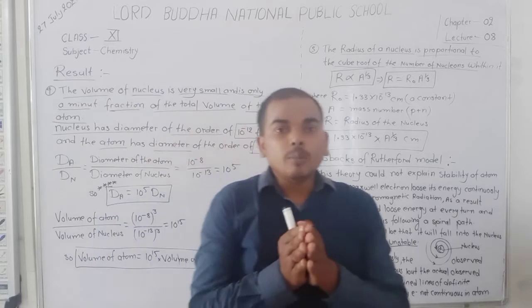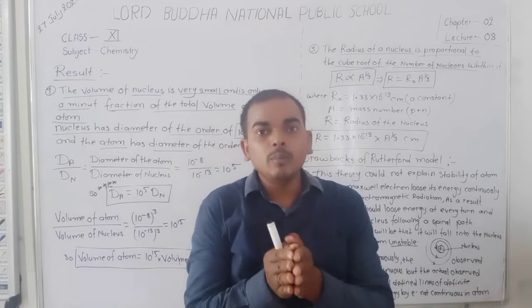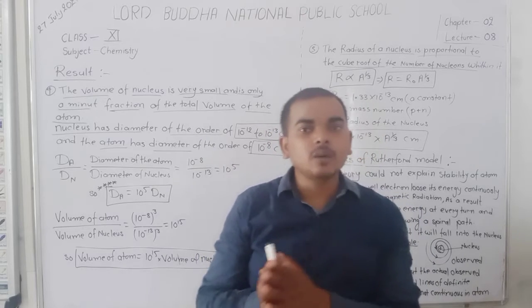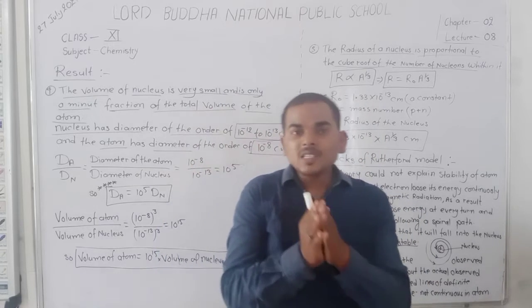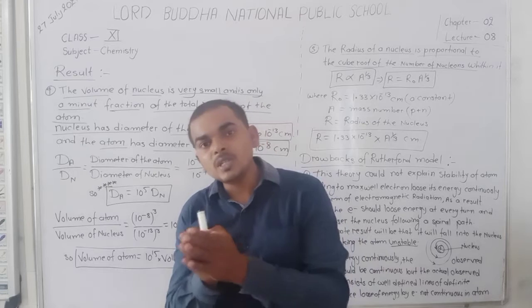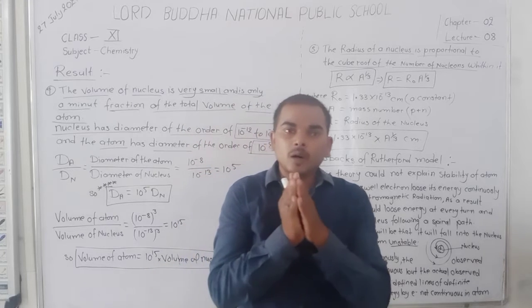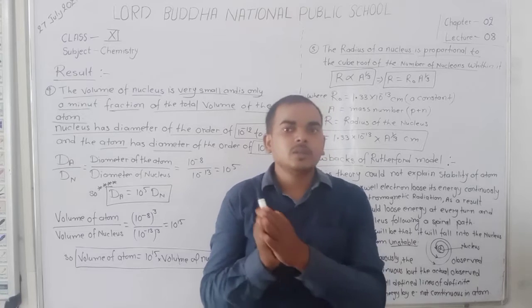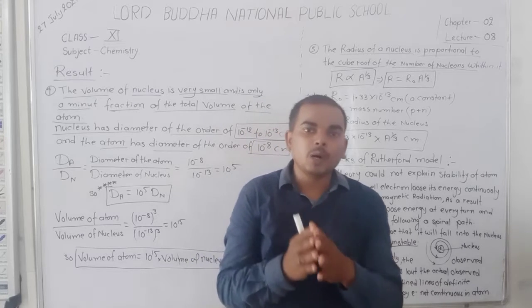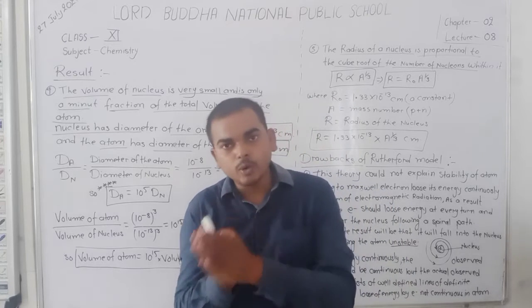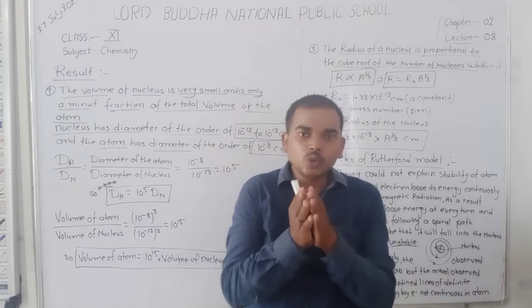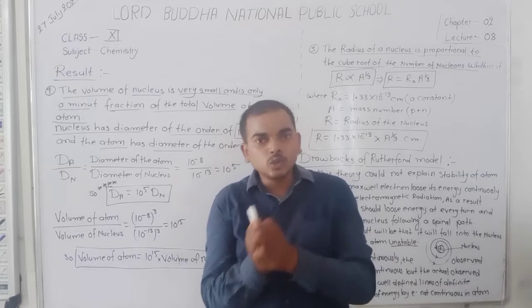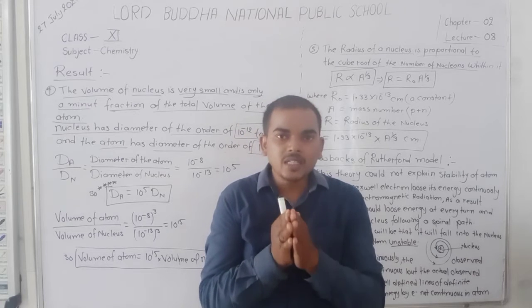Dear student, the number of nucleons is the mass number. The number of nucleons is the mass number, because the mass number is the number of protons plus neutrons, and the number of nucleons is also the number of protons plus the number of neutrons. The total number of protons and neutrons present in the nucleus is known as the nucleons, the number of nucleons, and also known as the mass number.